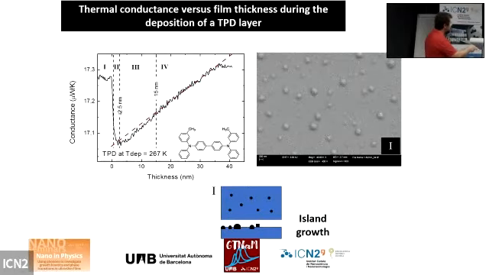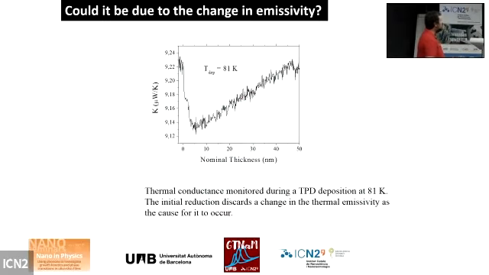This effect finishes at 2.5, and it was clearly related. This is just an image taken from a sample that was frozen at that point. In order to check if it was related with emissivity, which of course is proportional to the temperature, we repeated the same experiment at very low temperature, nitrogen temperature for us, and we got more or less the same reduction.